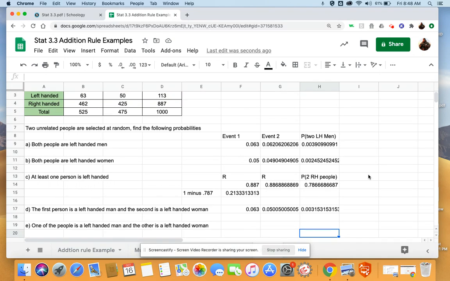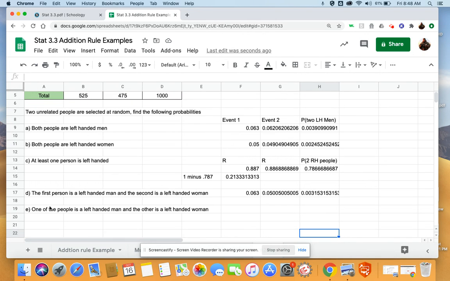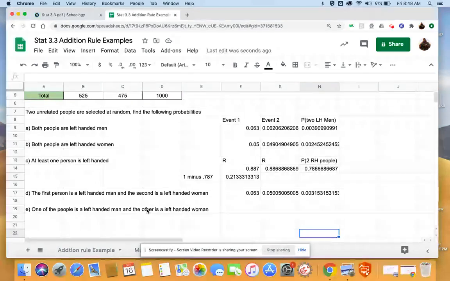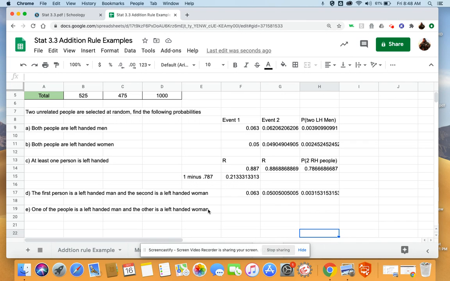And the last question gets a little bit trickier. One of the people is a left-handed man and the other is a left-handed woman. Part D specified an order. They said a left-handed man first, second, a left-handed woman. So that's why we did the 63 over 1,000 times the 50 over 999.